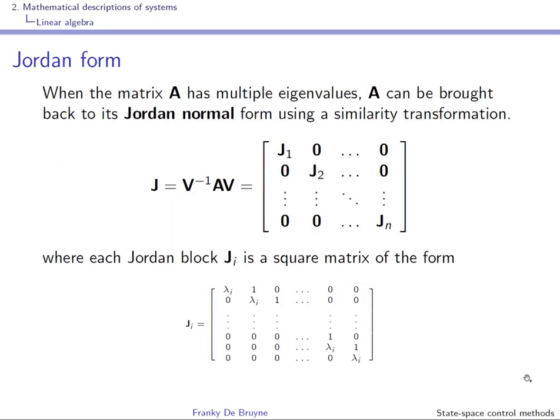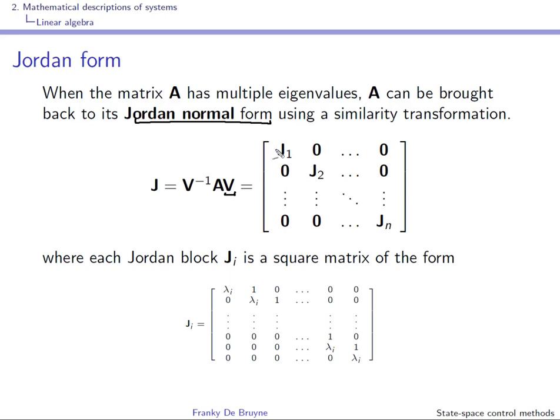When A has multiple eigenvalues, in general A cannot be diagonalized, but what can be done is to bring it into the Jordan normal form using a similarity transformation V. And V is composed of what are called generalized eigenvectors.